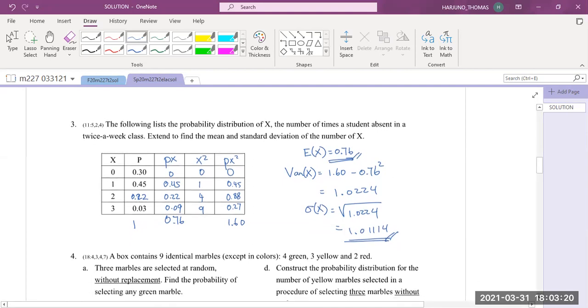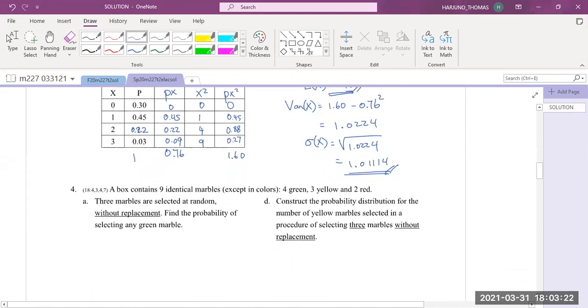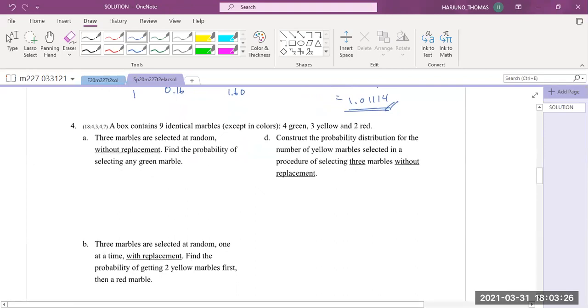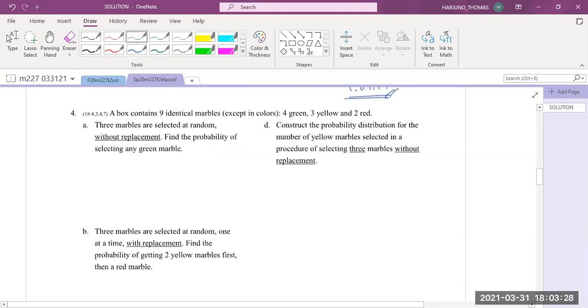Let's see number 4. A box contains 9 identical marbles except in colors. We have 4 green, 3 yellow, and 2 red. Now, 3 marbles are selected at random without replacement.